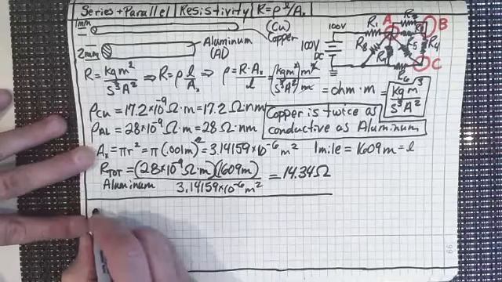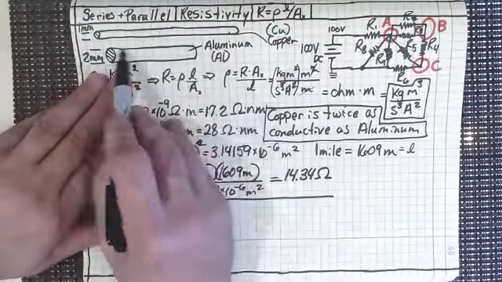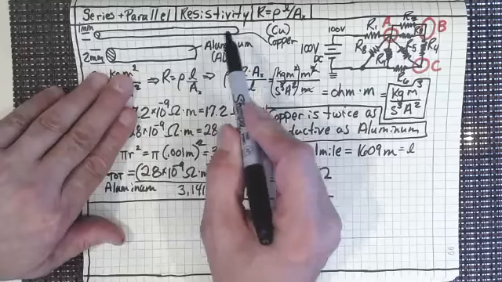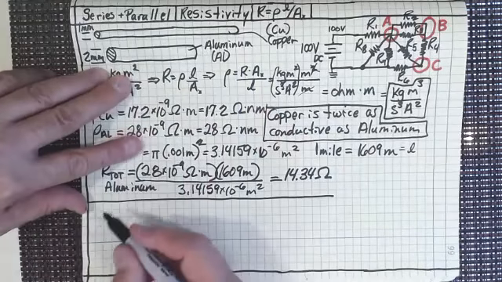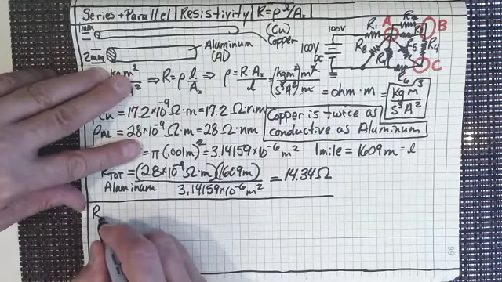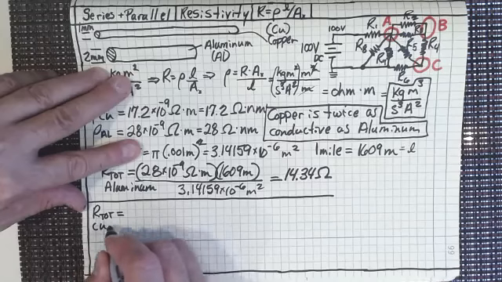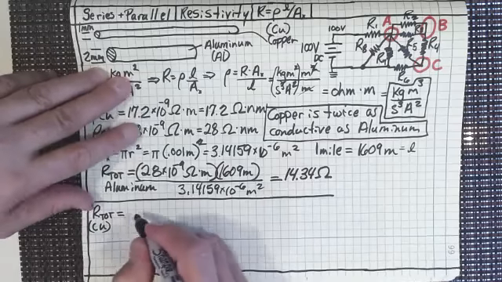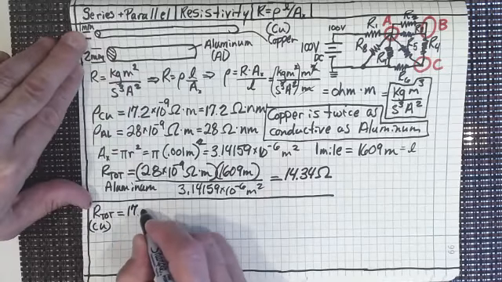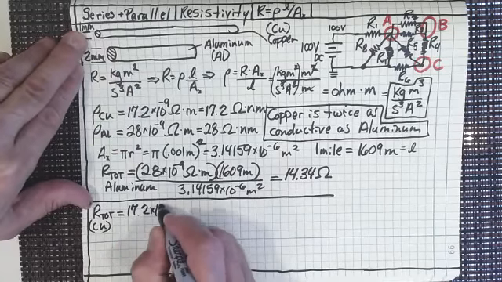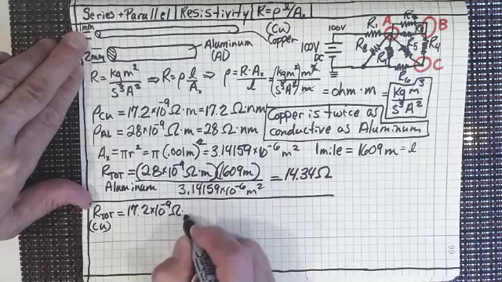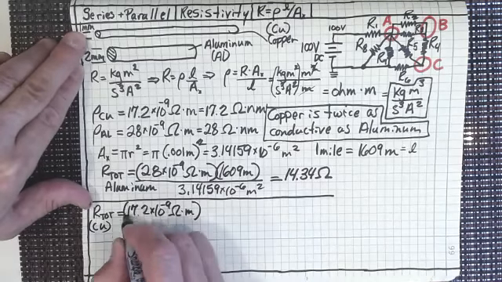So if we were looking at the total then, and let's make it longer, it looks about 1.5 miles, doesn't it? So let's put that in there. So the total for the copper, right, is going to be 17.2 times 10 to the minus 9 ohm meters, right?